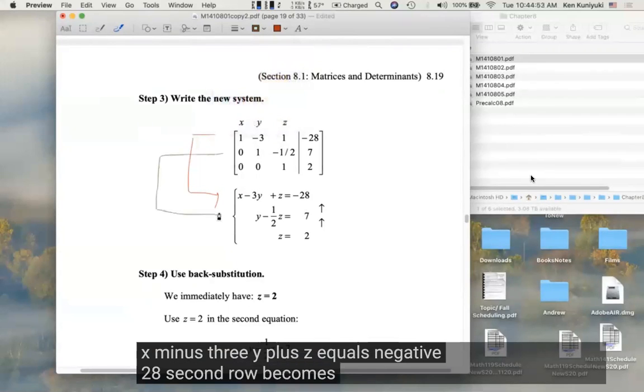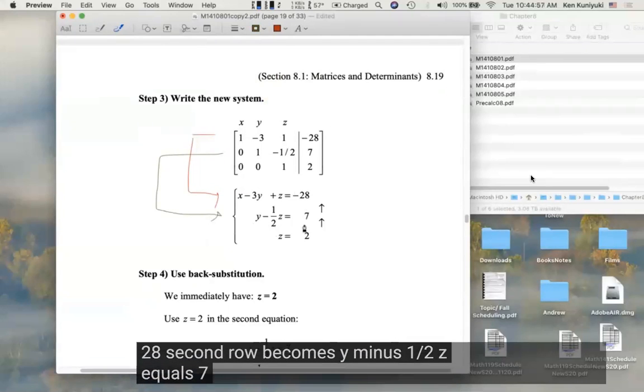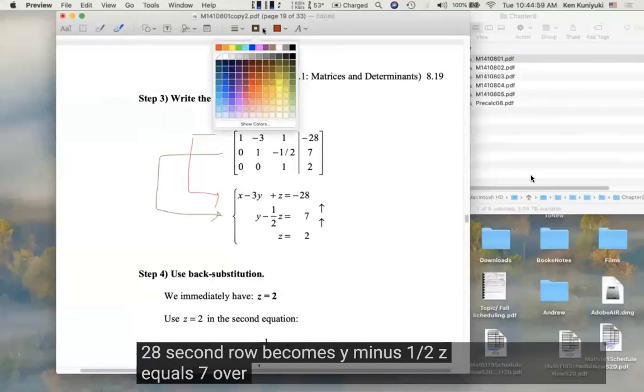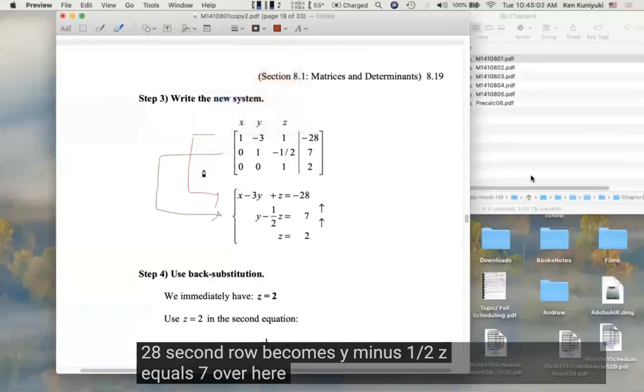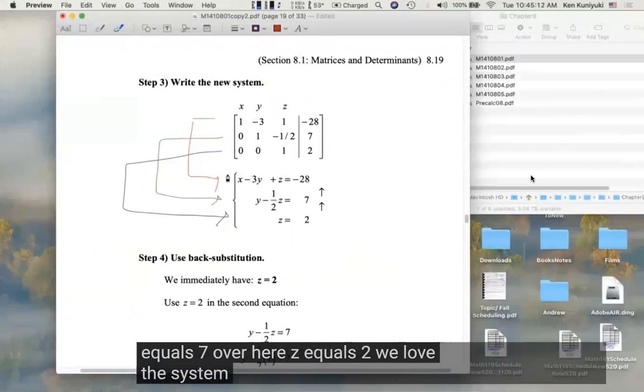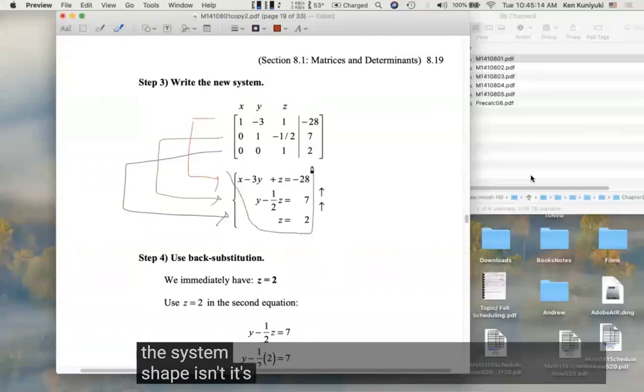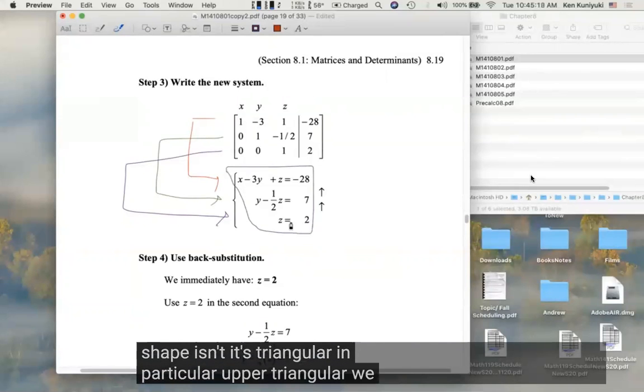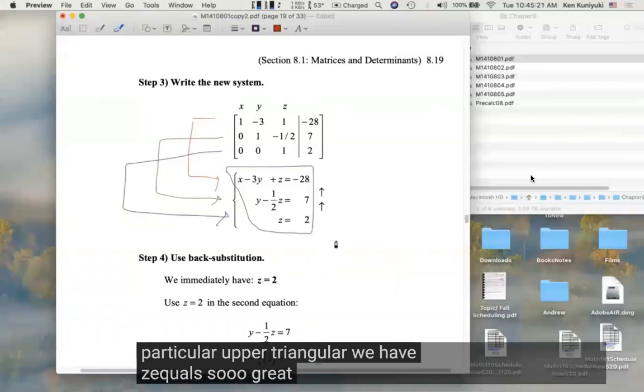Second row becomes y minus 1/2 z equals 7. Over here, z equals 2. We love the system. What shape is it? It's triangular, in particular, upper triangular. We have z equals 2. Great.